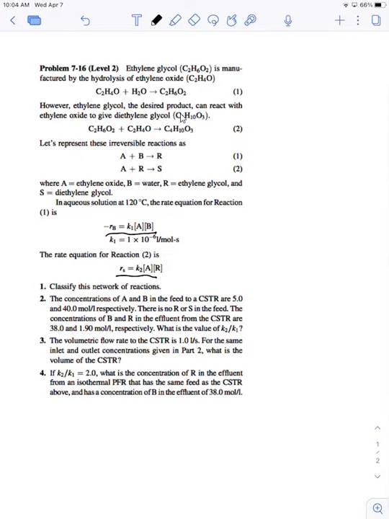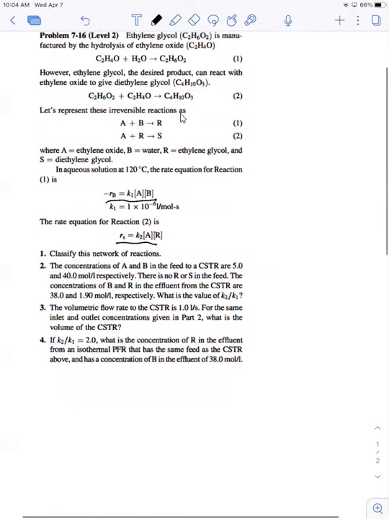So the first question just asks, classify this network of reactions.